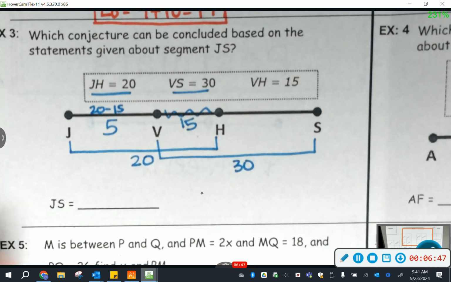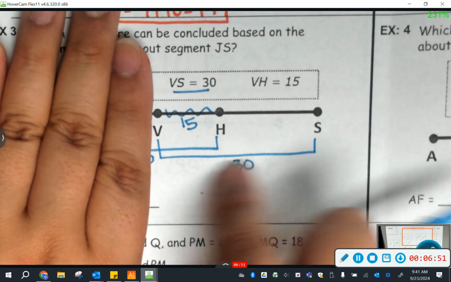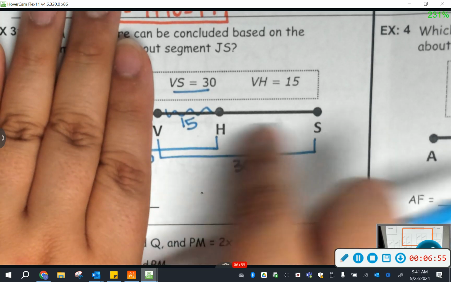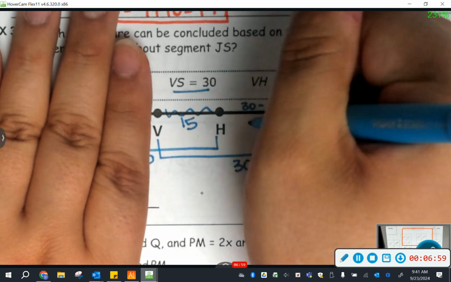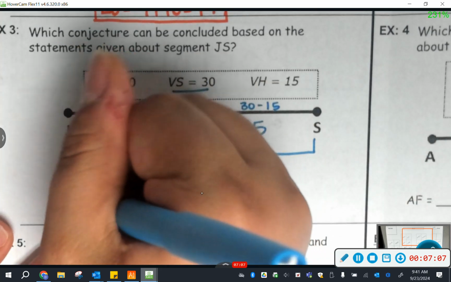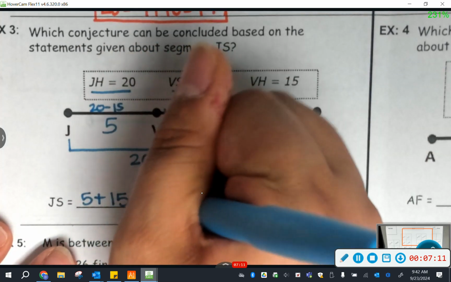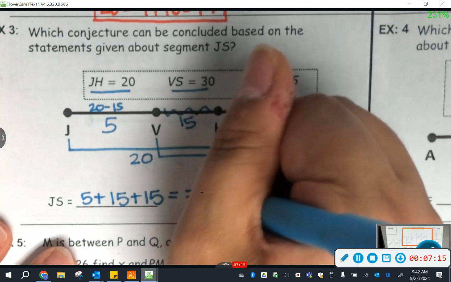Now I'm going to cover up the other side. I know VS is 30. If I know this is 15, how do I find HS? Subtract. What is 30 minus 15? Now, do I know all three segments? How do I find what JS is? Add them all together. What is 5 plus 15 plus 15? 35 is my answer.